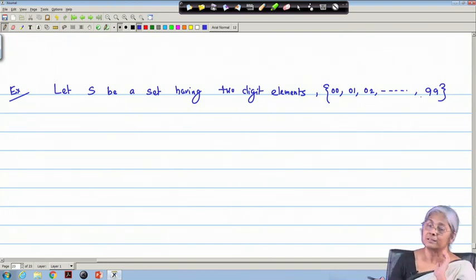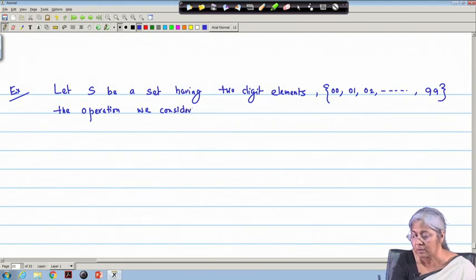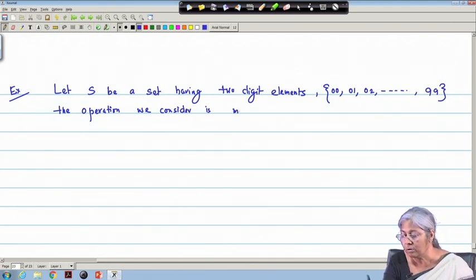Although we write 00 is 0, 01 is 1, just for symmetry we are writing this way. Now, the operation we consider is modulo 100.